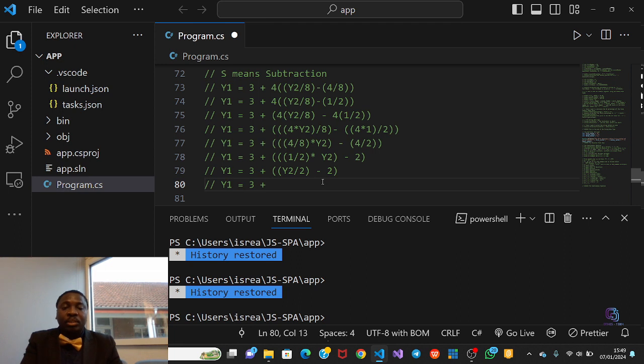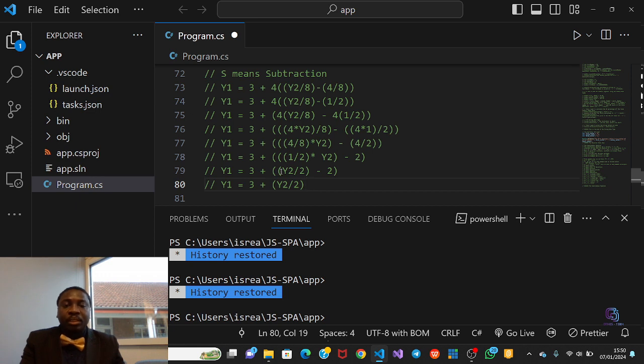Since we have y2 divided by 2 minus 2, this is something that we can easily write out separately. Now I can say y2 divided by 2 separately, because we have an invisible 1 here.